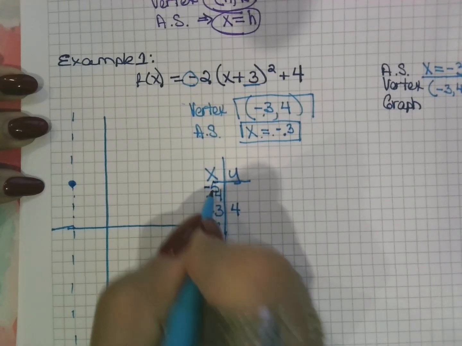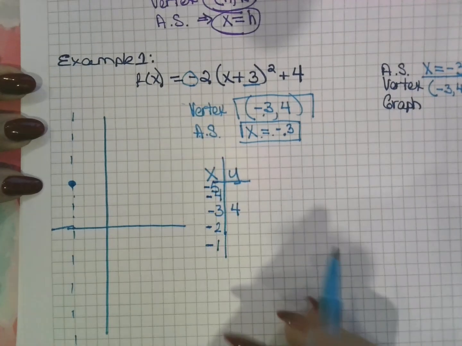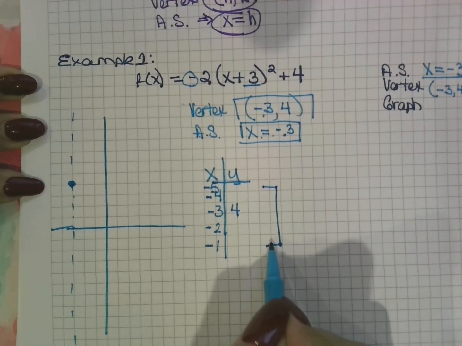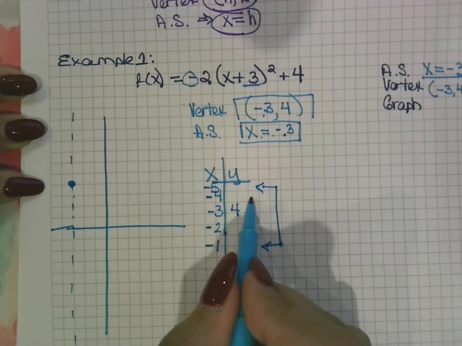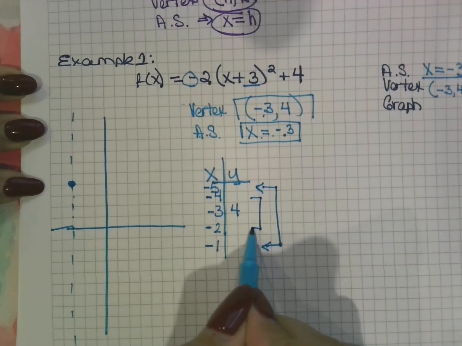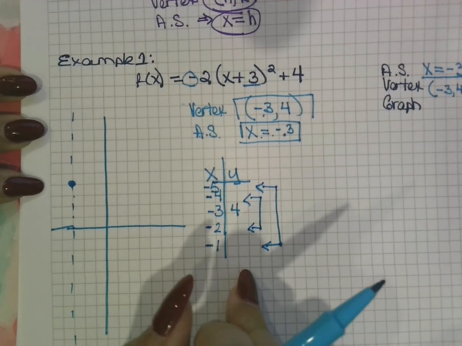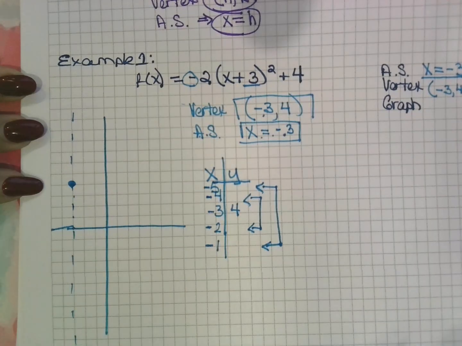And let's just do -5. Why not? Now, because this is a symmetric function, whatever I get for -5 is going to go with whatever I get for -1. It's going to be the same thing. Whatever I get for -4 will be the same as -2. And what I mean whatever I get, it's whatever I get when I take this value of x and plug it into the original.